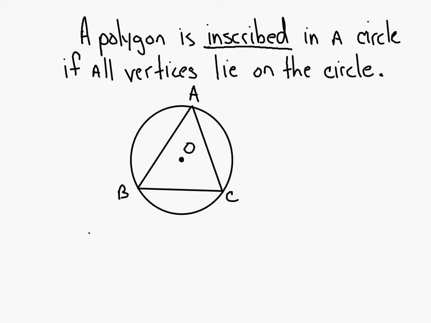In this case, triangle ABC is inscribed in circle O.